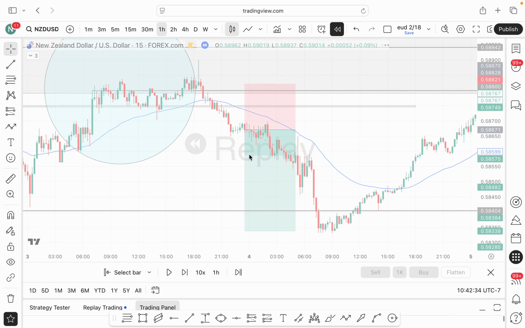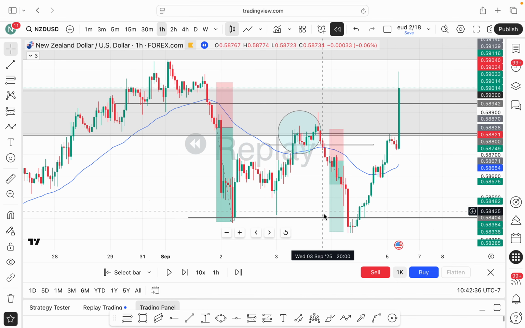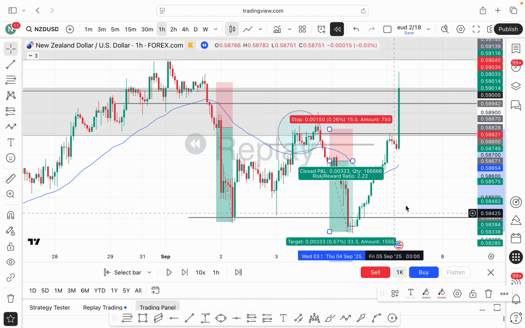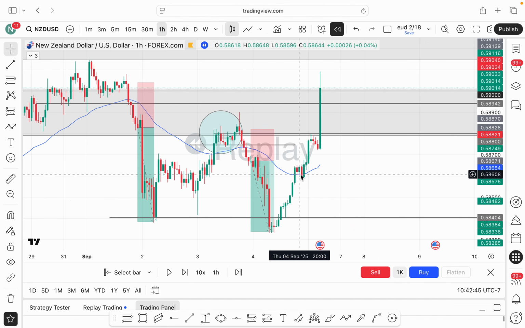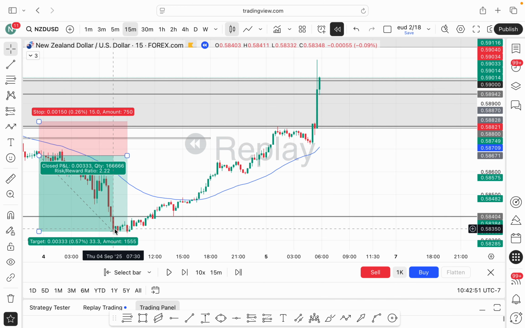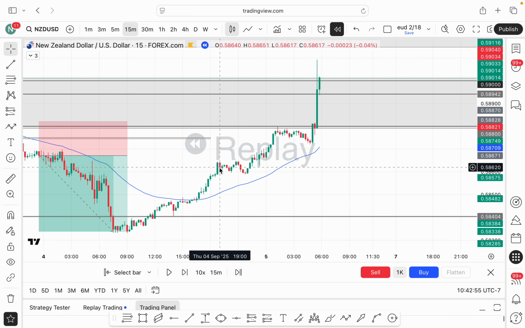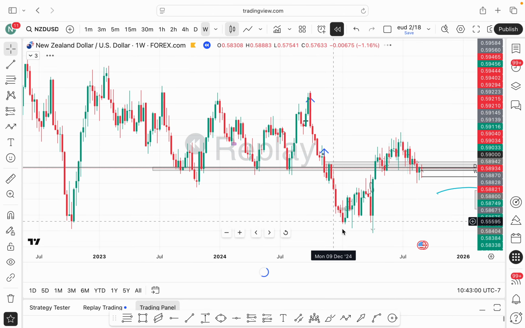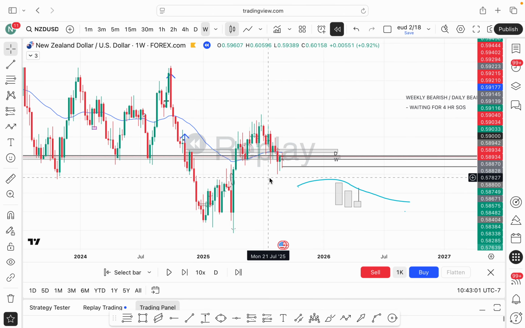So right now, for me, as long as they give me 2RR, I'm okay with it, because I know on Friday we'll have an NFP. All right, so this one right here, we have a shift of structure, right? Supposedly you would get out right here. Once again, this is a trade breakdown for NZD USD.